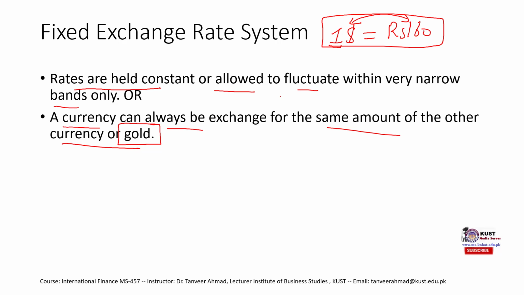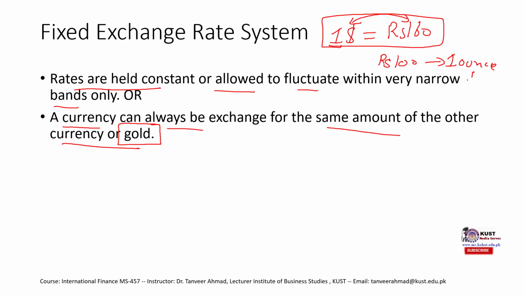What this means is that when we talk about a fixed exchange rate system, it doesn't necessarily mean that we are talking about one currency in terms of another currency. It can be that, for example, the Pakistani government has fixed rupees in terms of gold.